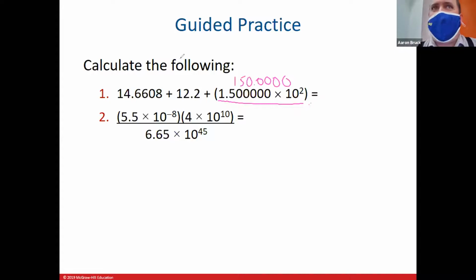We're adding and subtracting, so it's the number of decimal places that ultimately makes the difference. The last significant digit is in the 4th decimal place here, the 1st decimal place here, the 4th decimal place there. I add those 3 numbers together.